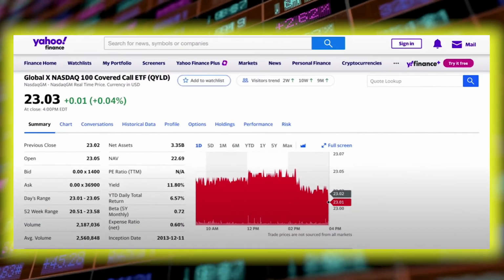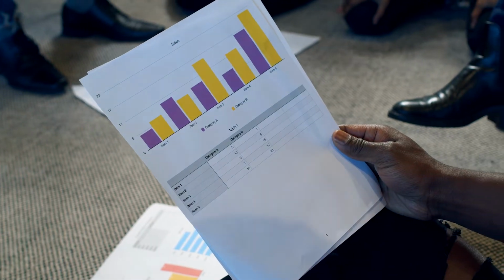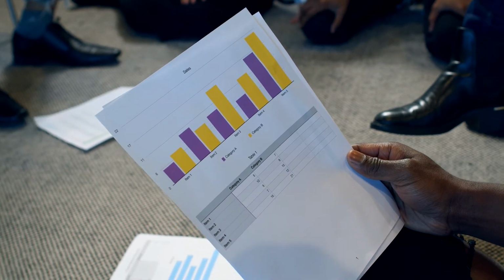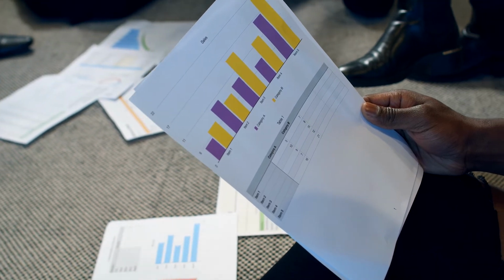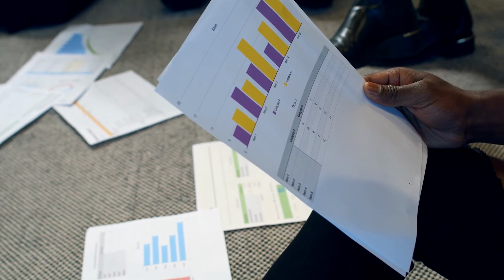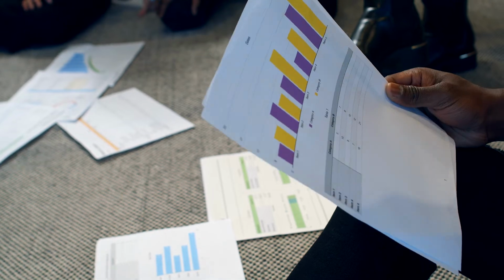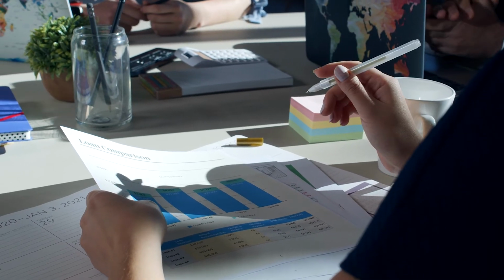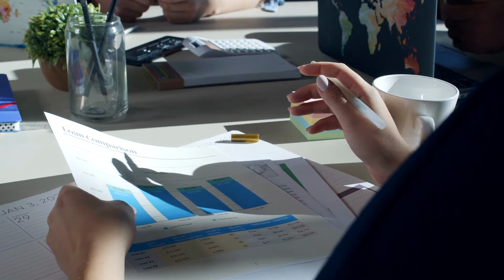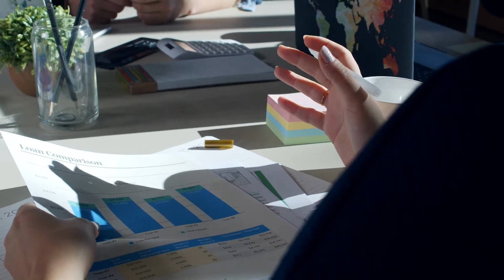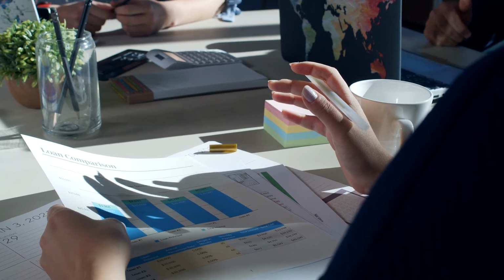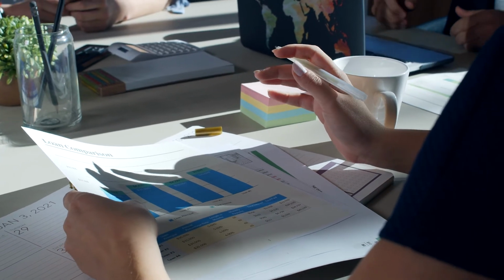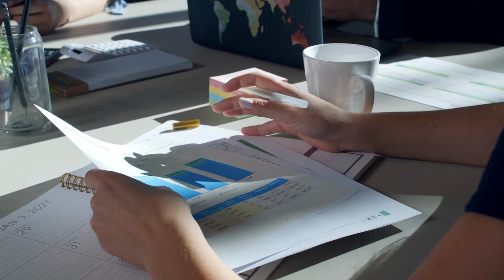While QYLD is an ETF with passive management, JEPI, NUSI, and the others are actively managed. They provide dividend yields that are high and rising. JEPI and NUSI currently offer lower dividend rates, ranging between 7 and 8%, than QYLD, which presently yields 11.8%.